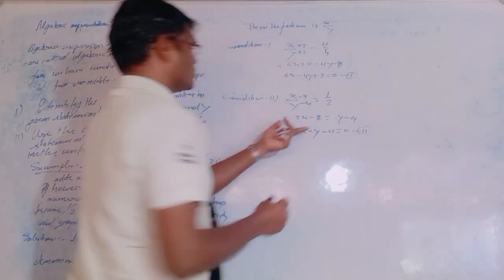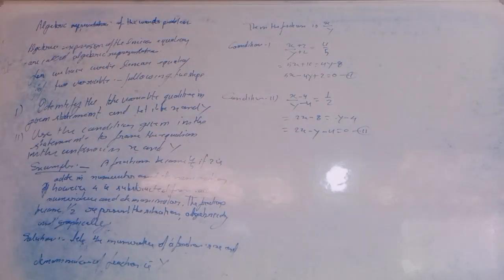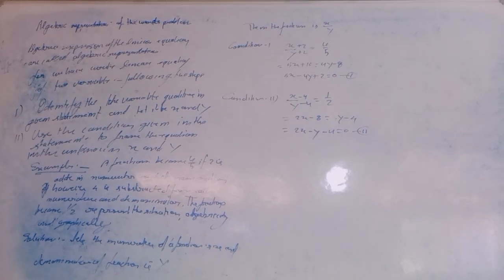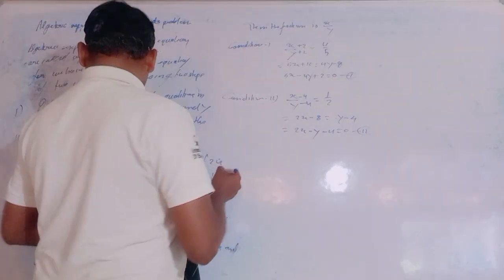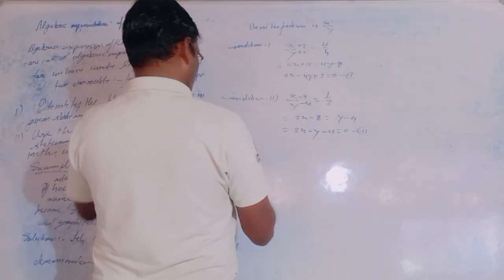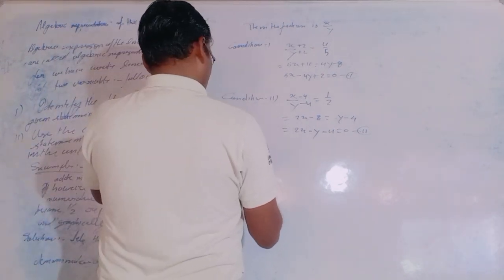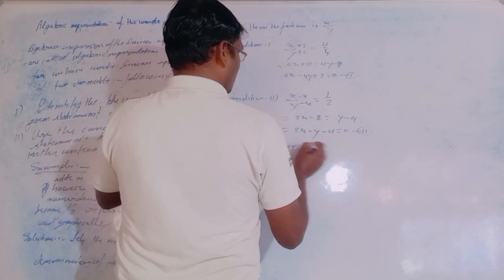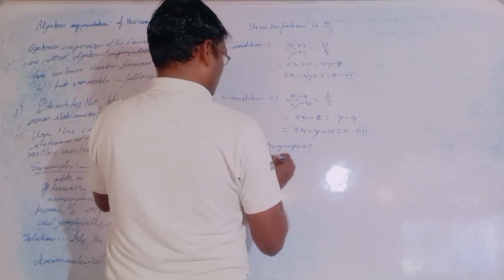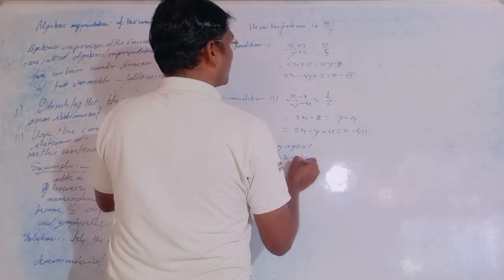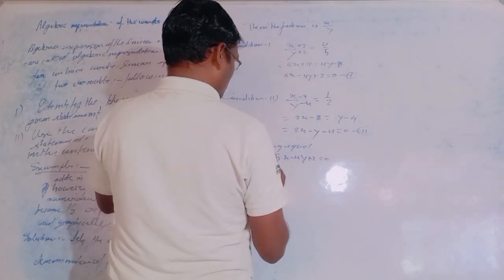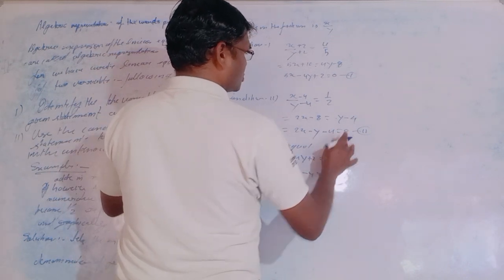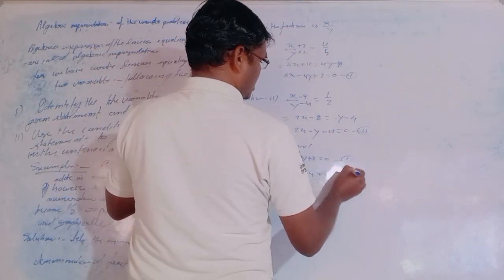This is the second equation. So both equations are: first, 5x minus 4y plus 2 is equal to 0, and second, 2x minus y minus 4 is equal to 0.